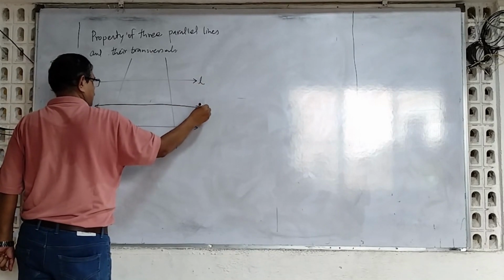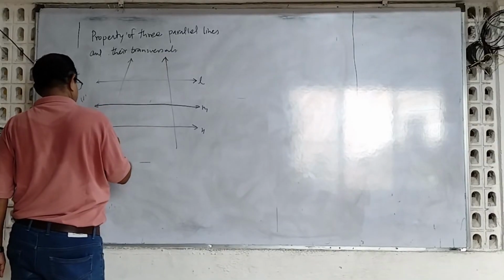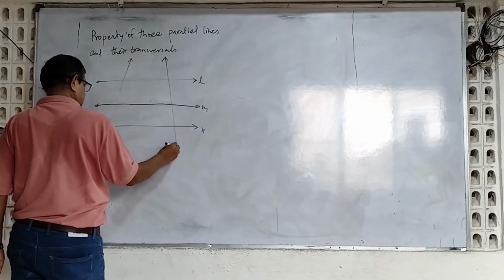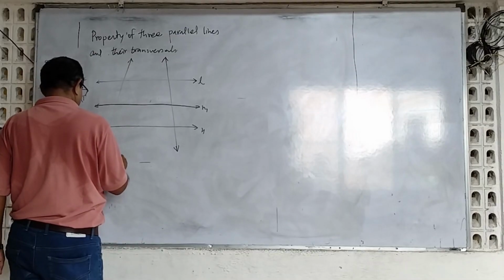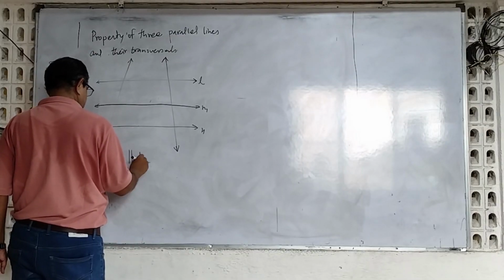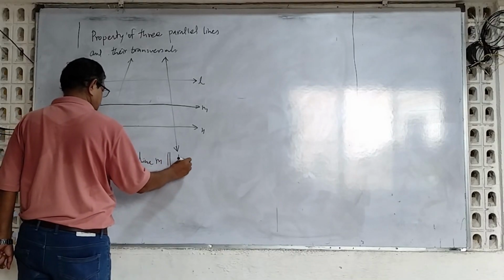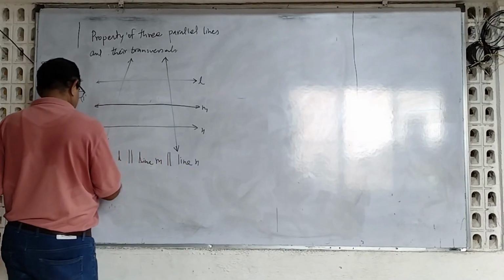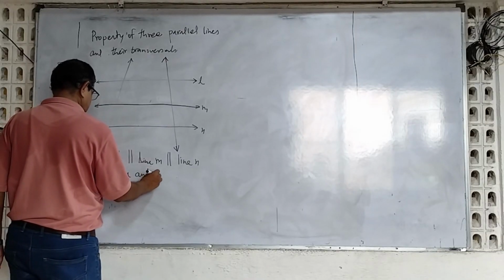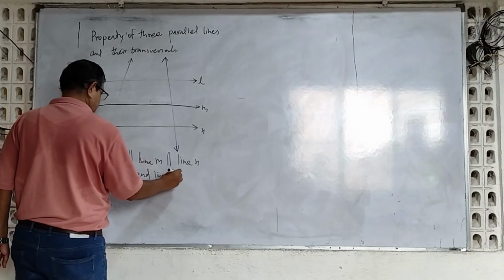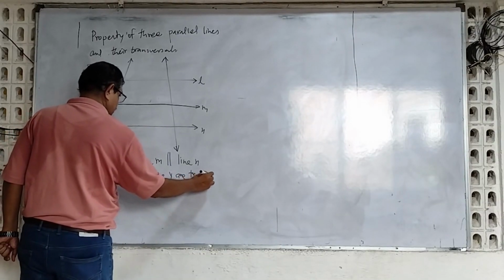Line L, line M, line N are parallel. Line means you have to give compulsory arrow. So line L is parallel to line M, parallel to line N. Line X and line Y are transversals.